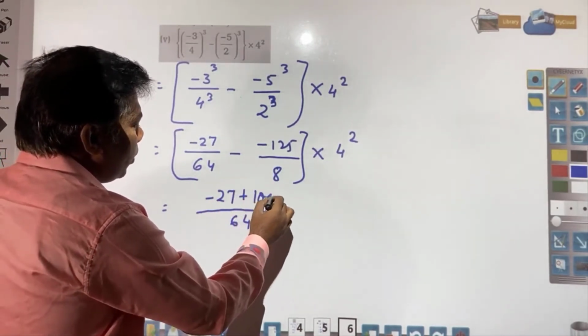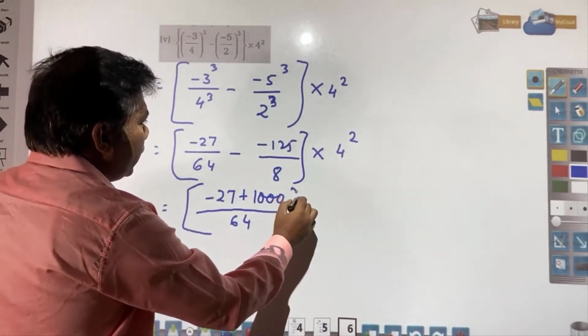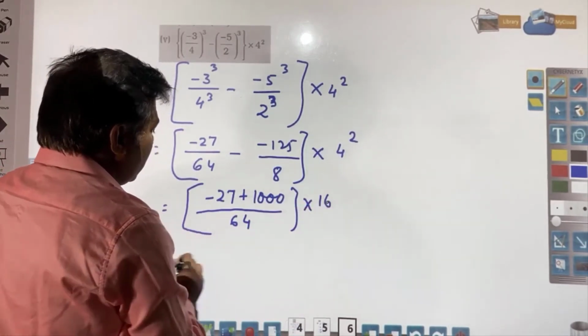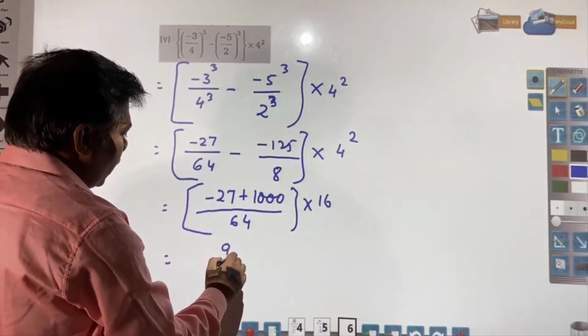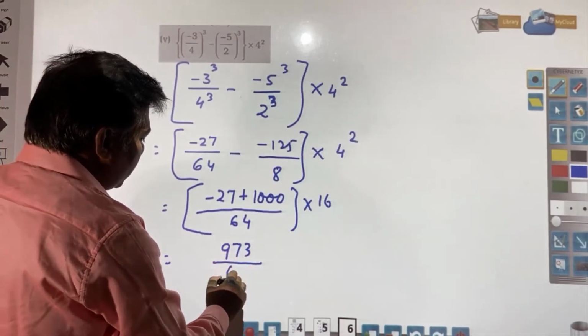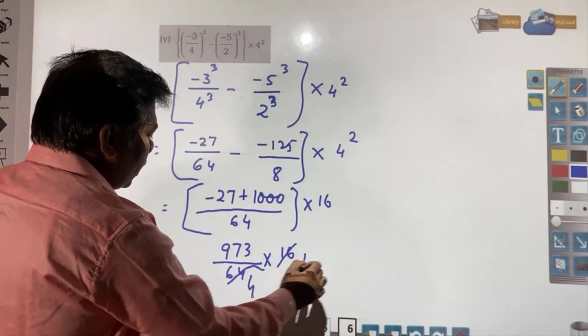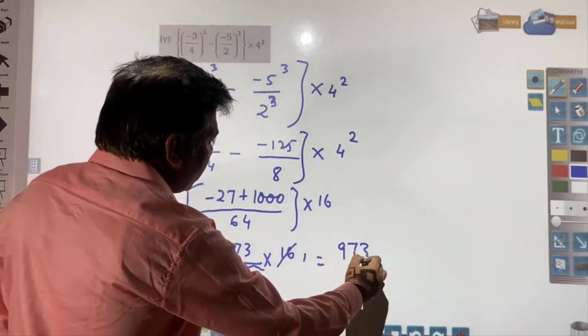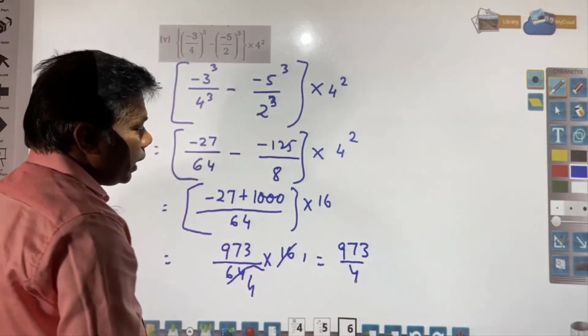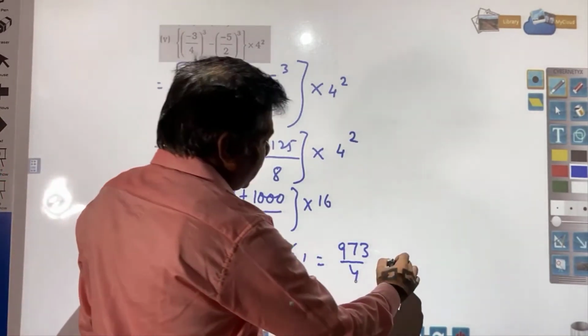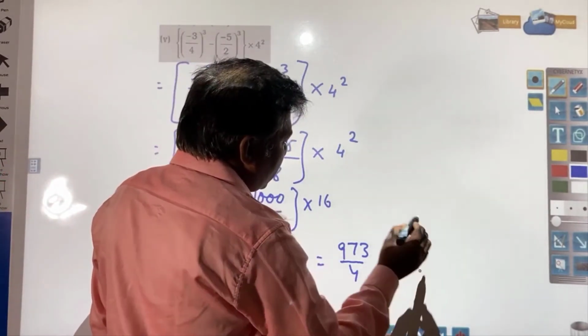So this will be 1000 into 16, and that will be equal to 973 divided by 64 into 16. So this will be 4, and finally you will get 973 by 4. This can be written as a mixed fraction, or you write this as your answer.